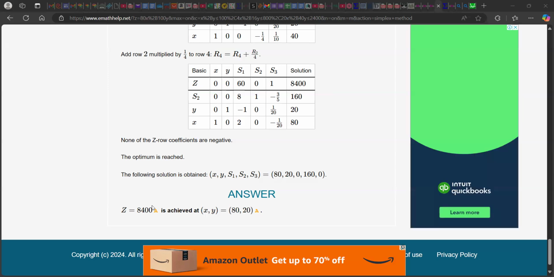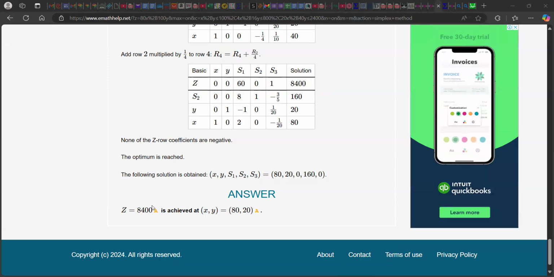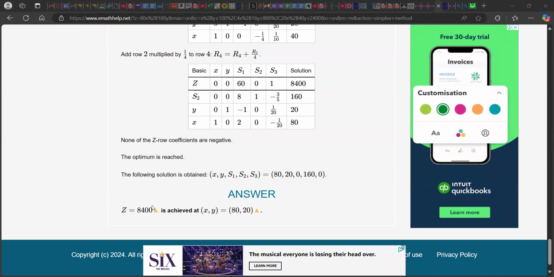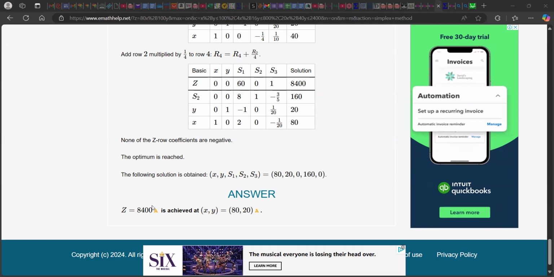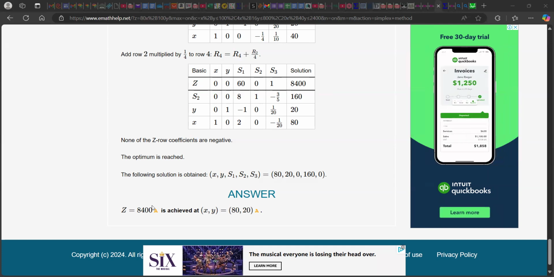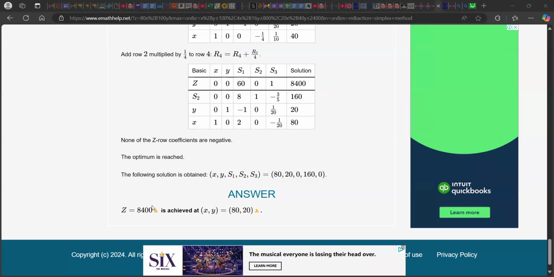It's much, much more difficult to use the simplex when you just have two unknowns. It is better to use the graphical approach and be done. But I just wanted to introduce you to the simplex method and show you that there are calculators out there that will do the job for you. However, you must know the process.